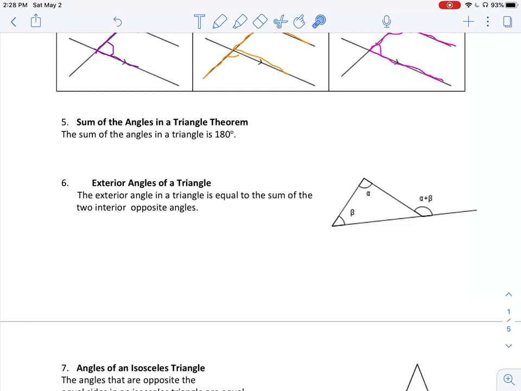So in this diagram over here, we see that the two angles on the inside, alpha and beta, if you add them together, you will get the angle value outside of the triangle. So alpha and beta are the angles that are interior and they are opposite from the exterior here. Right? So these two in the corner far away, when you add them together, give you the sum of that angle.